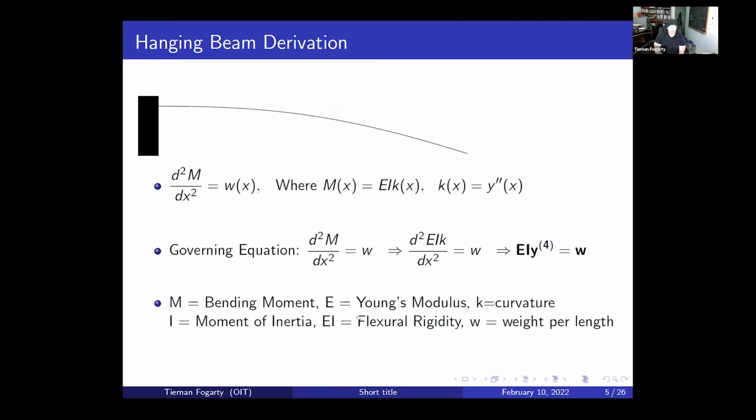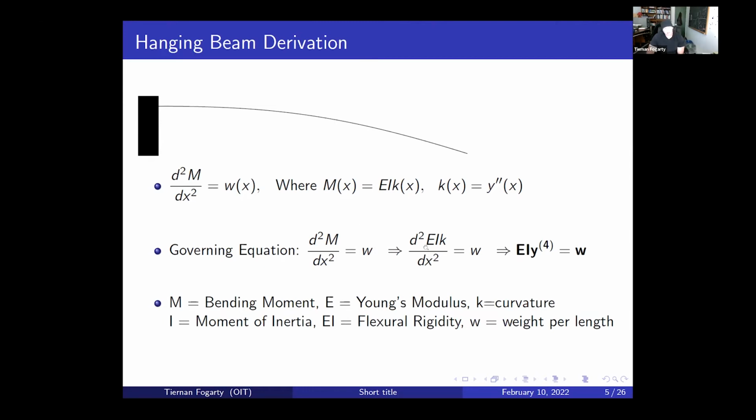All right, so if we buy that the second derivative of the bending moment is equal to the weight per unit length, then I can substitute in our previous relation for the bending moment with regard to curvature.